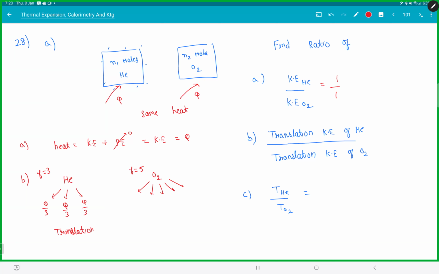So it will share among 5 people, Q by 5 each. In this, 3 components are translation and 2 rotation. That is the difference. They'll have the same amount of energy, but how they distribute it will be different. So for the second question, the translational kinetic energy of helium will be Q only, whereas for oxygen it is 3Q by 5. That is 5:3.